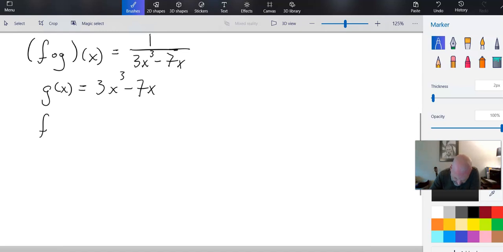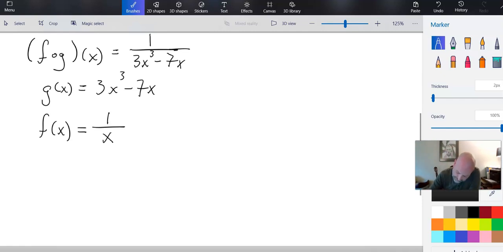So we want to ask ourselves, what would f of x have to be so that when I shove this in, I get this fraction? It has to be something that puts its argument in a denominator, right? So whatever the input is to this function, it has to go in the denominator. Well, that means that it would just be 1 over x, right? Because that means the input goes into the denominator.